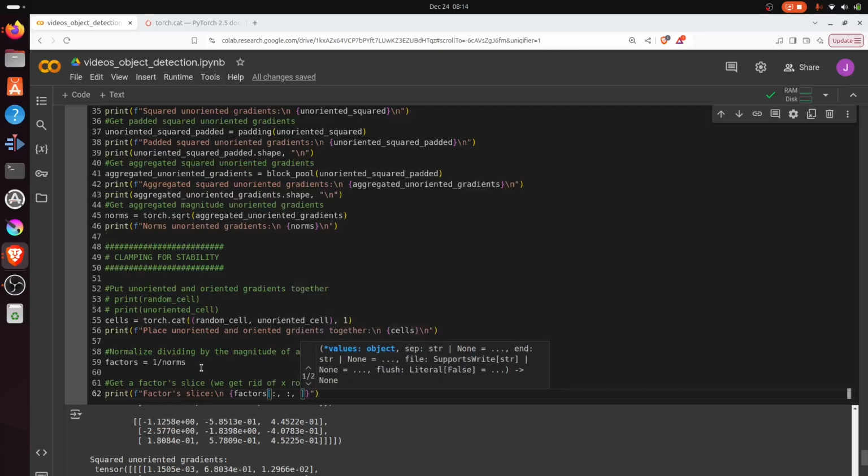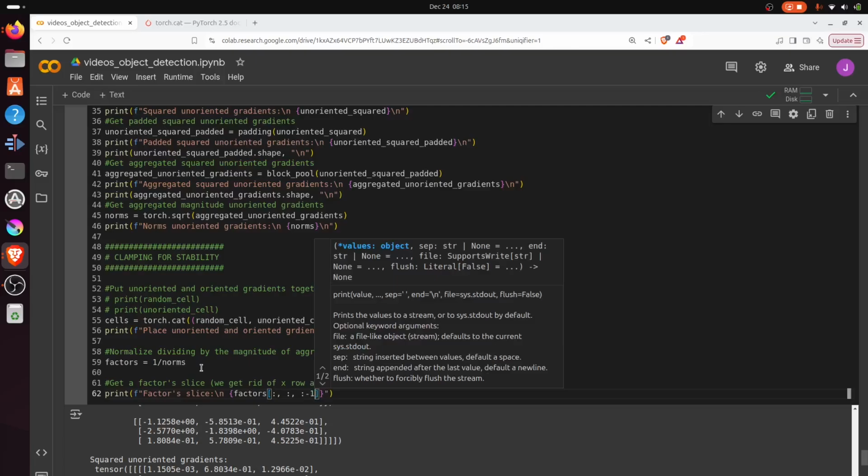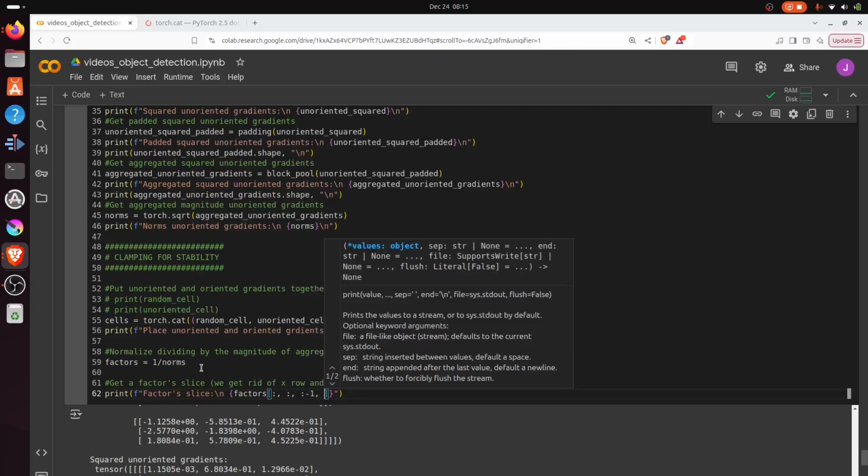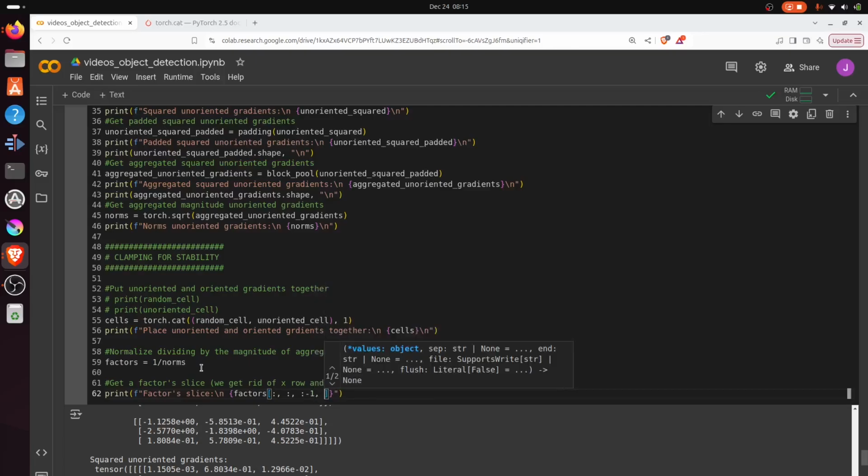And now, okay, let's start by getting rid of the last row and the last column. And how do we do that? Well, we want to take everything up to the last element in this dimension, which are the rows, and same story with the columns.